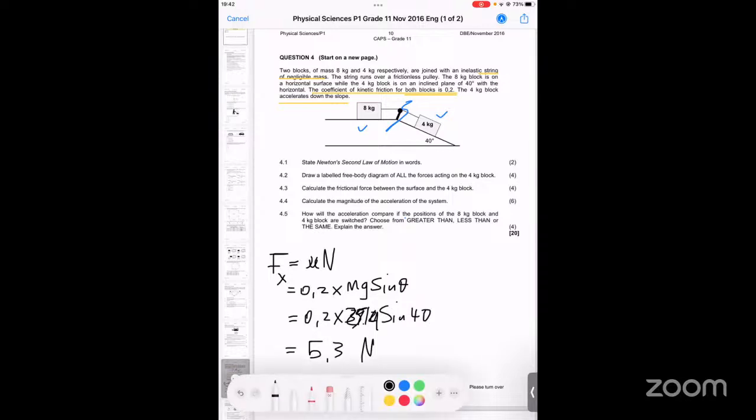Let's try to make sense of it. This part, mg sine angle, which one is that one again? That's the normal force, sir.